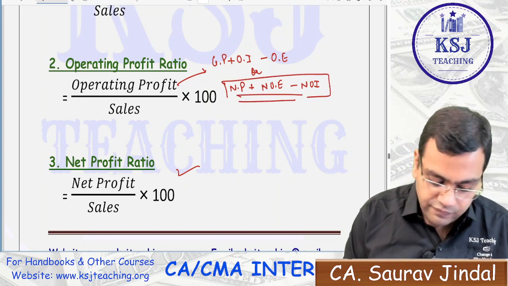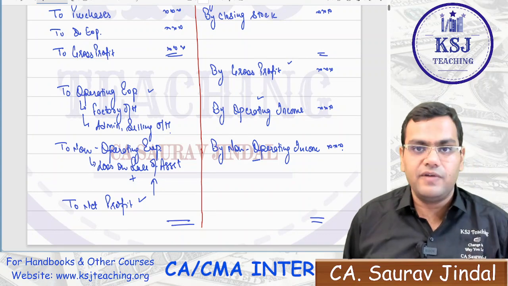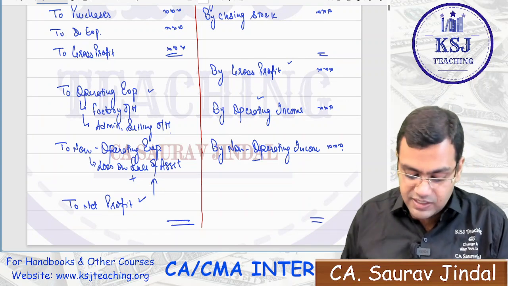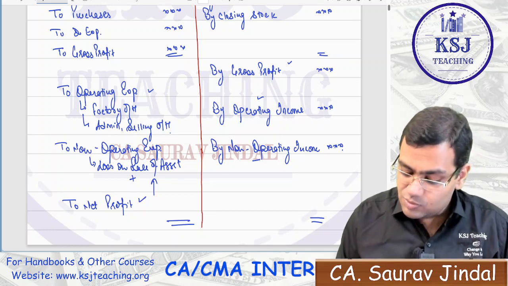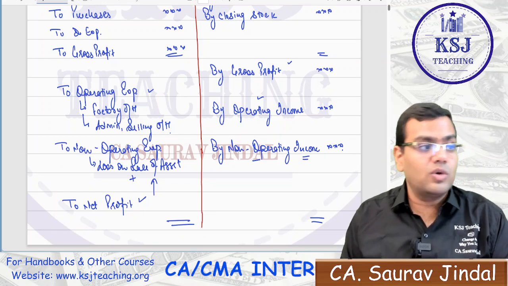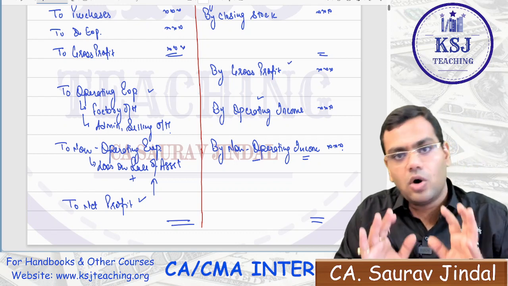We are doing reverse working. While calculating the net profit, the non-operating expenses were subtracted, so I will add them back. The non-operating income was added, so I will subtract it to get the operating profit.